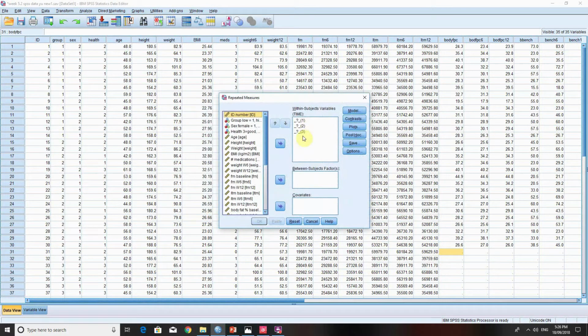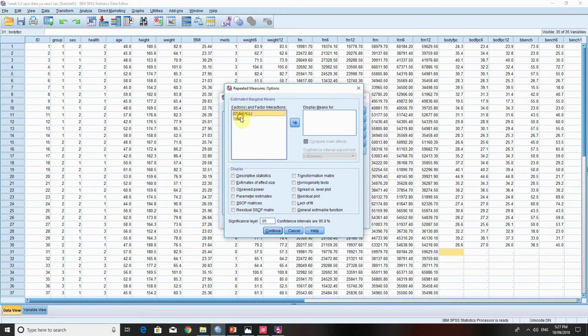We have these question marks here, which indicates that SPSS wants us to specify something. So we're doing fat mass at baseline, fat mass at week 6, and fat mass at week 12. Those are our 3 measures. Now we can click on Options, and we can put time in the Display Means For box.